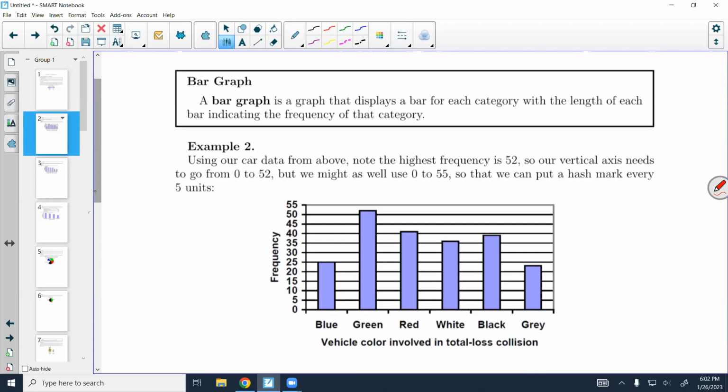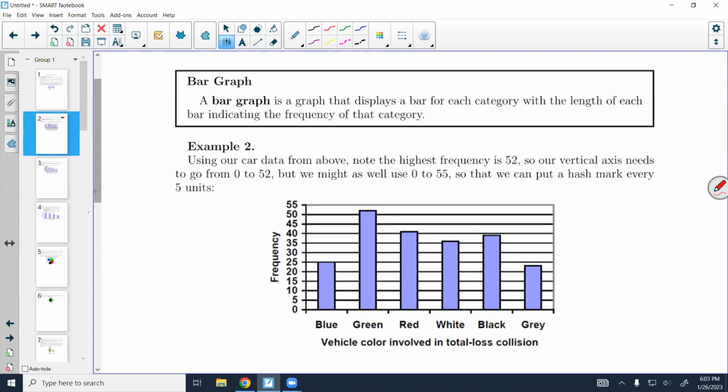So another way to display data is with a bar graph. Bar graph is a graph that displays a bar for each category. Here we're still talking about qualitative data. And the length of the bar indicating the frequency. So here's our data again in a different format.